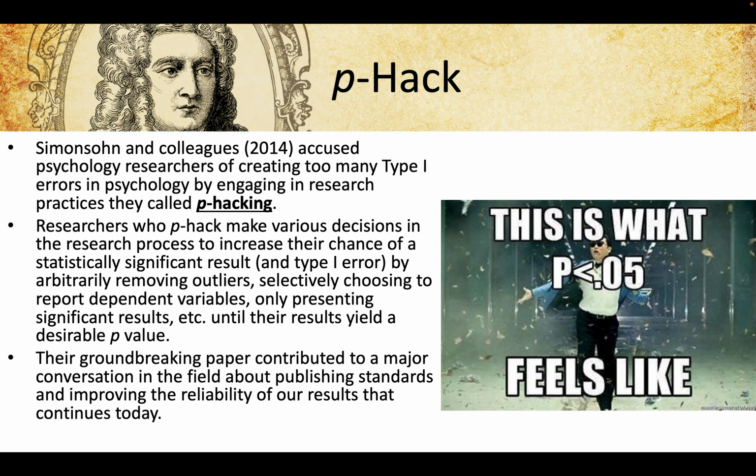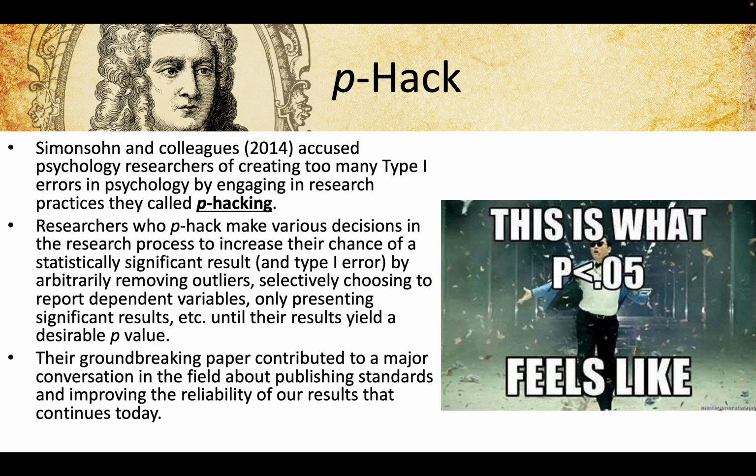Simonsohn and colleagues accused psychology researchers of creating too many type 1 errors in psychology by engaging in a research practice they called p-hacking. Researchers who p-hack make various decisions in the research process to increase their chance of a statistically significant result and type 1 error.